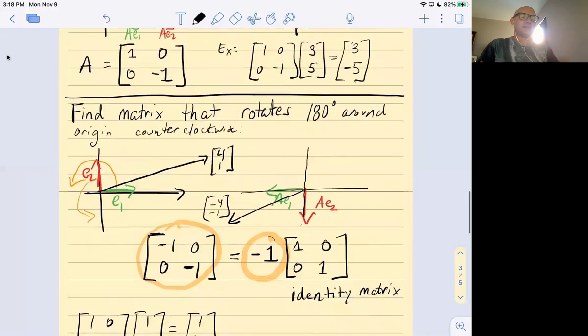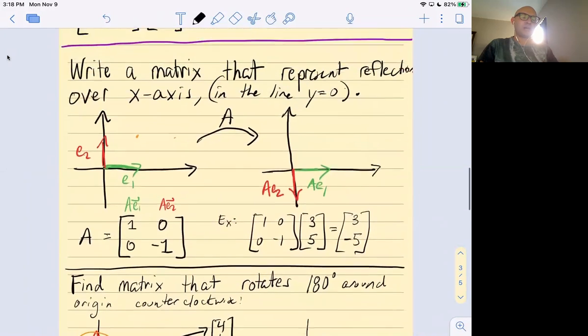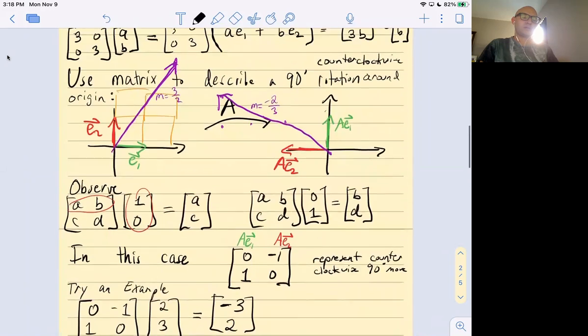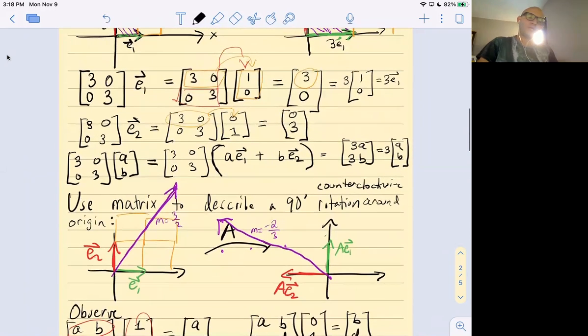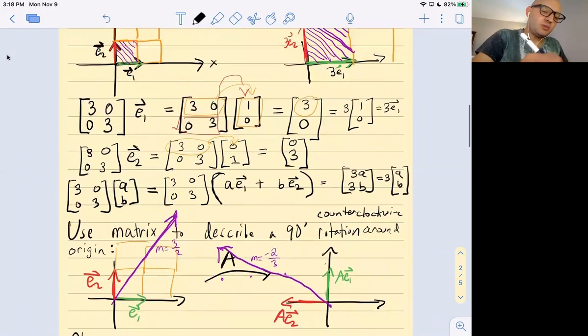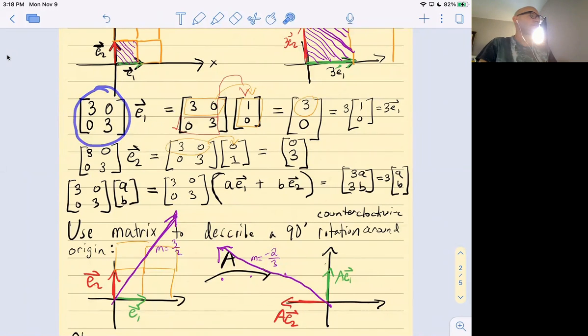And the other thing is, look at the original problem that we did with the dilation. Now that we went over that, what's another way to interpret this matrix? Does this look like the identity matrix, kind of?